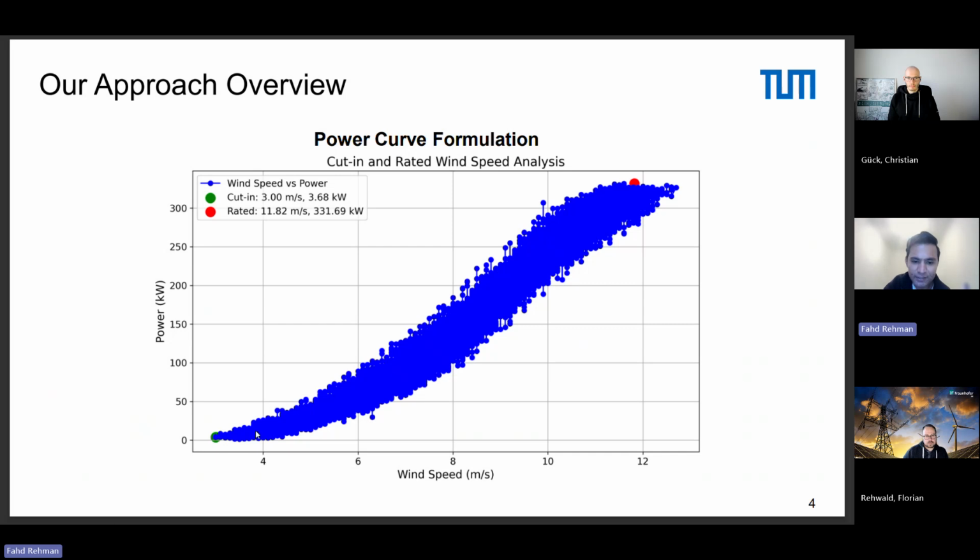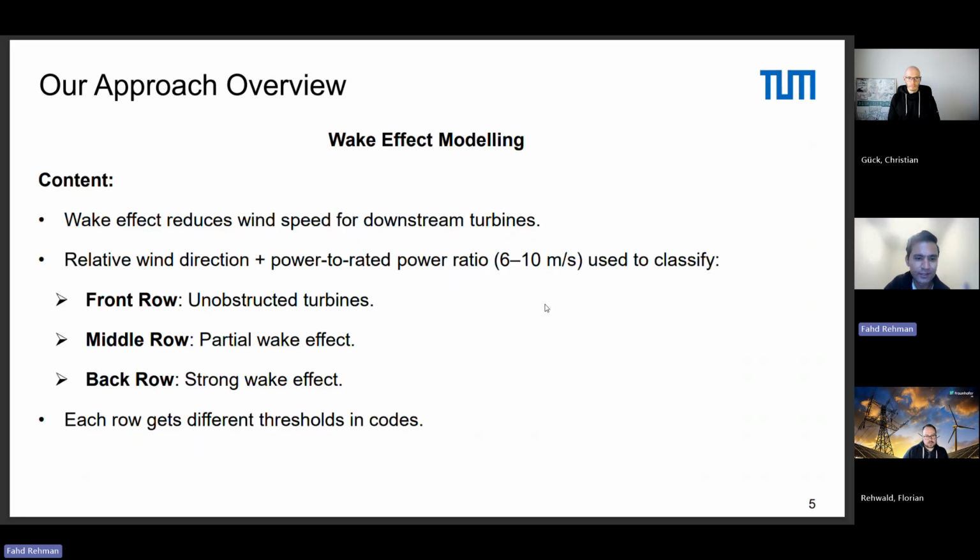Once my power curve is generated, I have to do the wake effect modeling. As I have told you, there are different turbines, so the power produced by some turbines would be lesser, and I have used this formula of power to rated power ratio to determine the wake effect. I can show you like this.